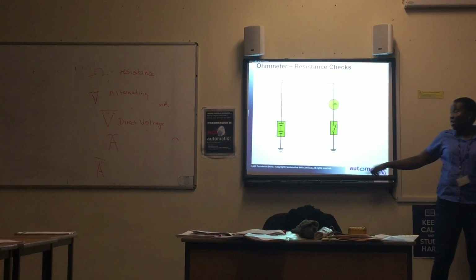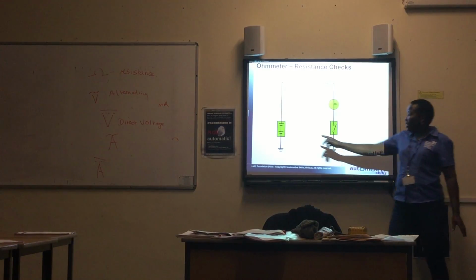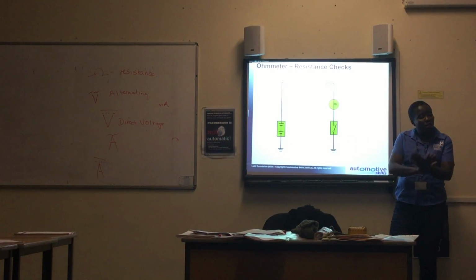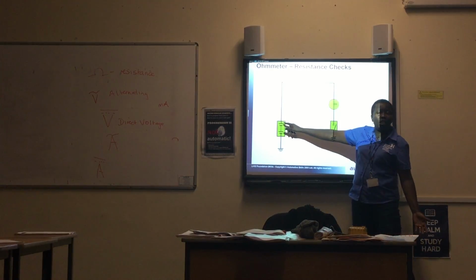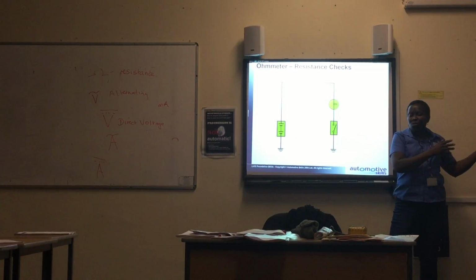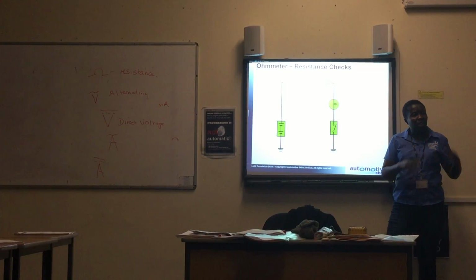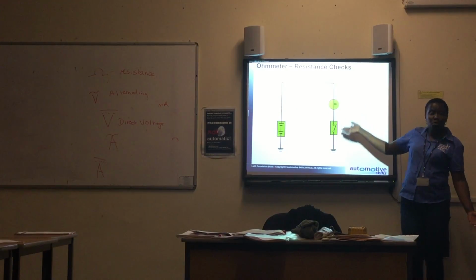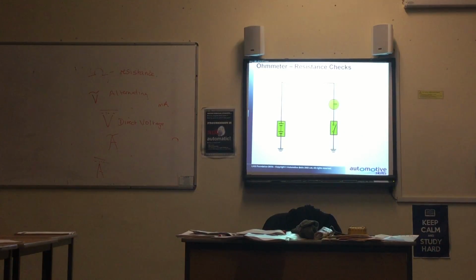Remember, this is our negative. Always the negative of the battery is connected to the body of the car. Then we have our positive, always carrying current to the starter motor, or to the alternator, or wherever. So that is the circuit for a simple bulb.